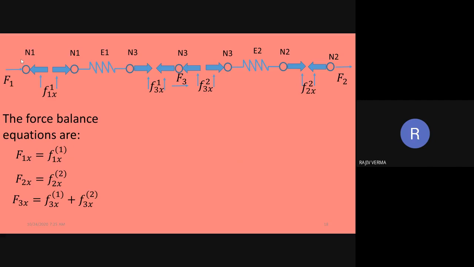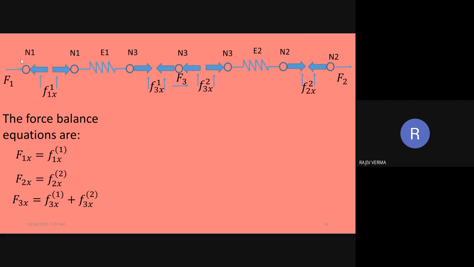And in the next step, we simply are going to substitute the value of forces, that is small f1x for the first element, small f2x for the second element, and similarly the two forces existing in the right hand side of the third equation.